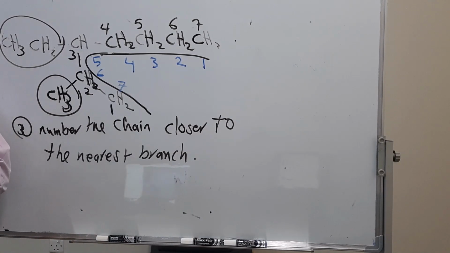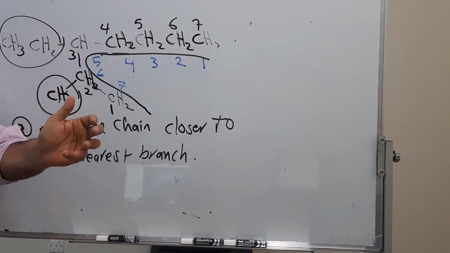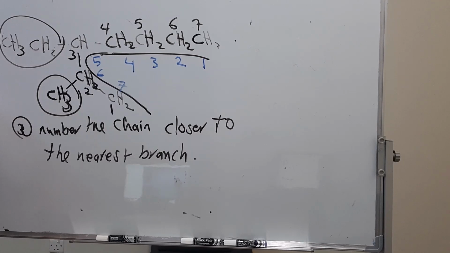The IUPAC always follows this logic, that substituents or branches should be given the lowest possible number by the rule, always. Is that clear? Is there any question about this rule, about numbering the chain closer to the branches?